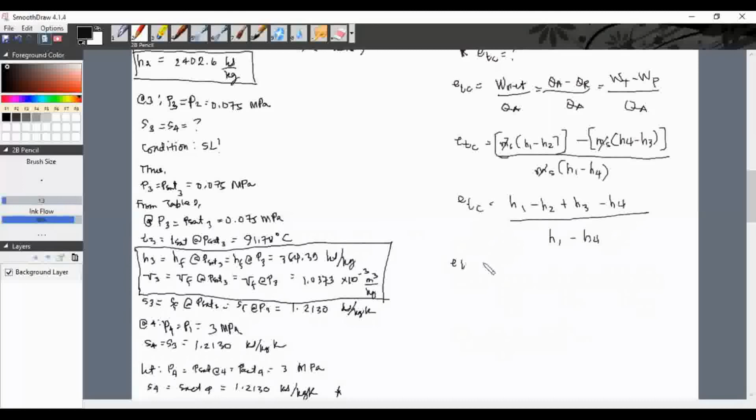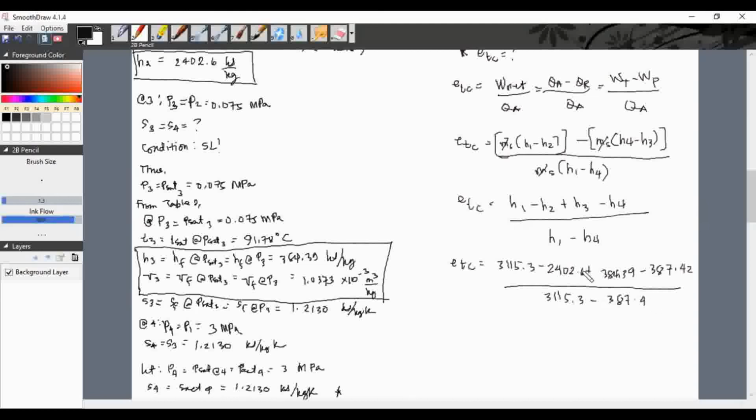Substitute natin yung values ng mga nakuha natin. We have H1 of 3115.3 minus H2 2402.6 plus H3 384.39 minus H4 387.42 all over 3115.3 minus 387.42.